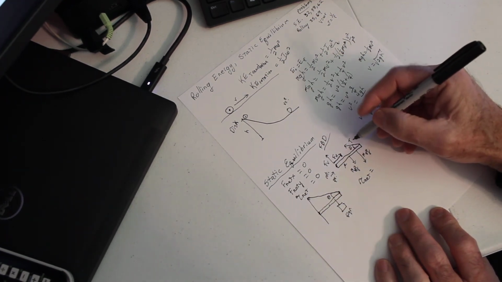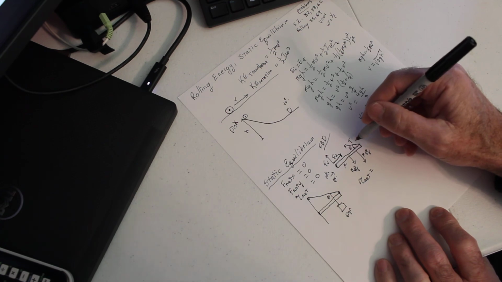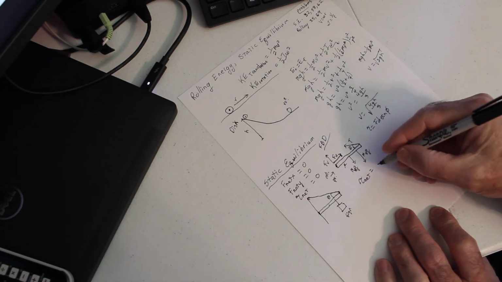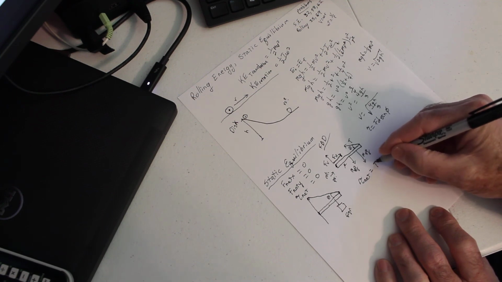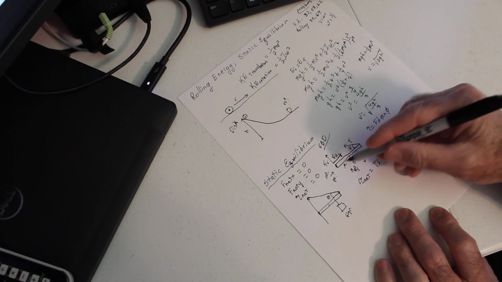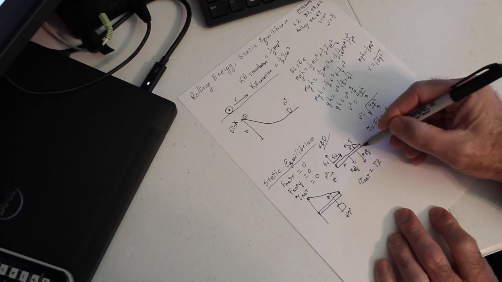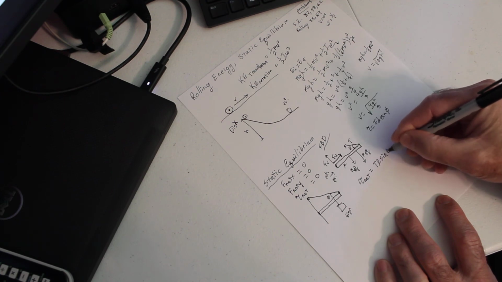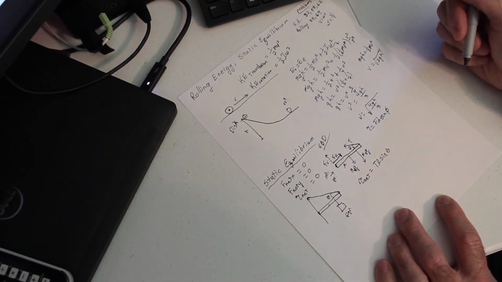Then I'm going to look at the torque, and I have to say if it's rotating here, the tension is making it go in a counterclockwise direction, so that's positive. So I have the force, which is tension, times the distance, this is F times d, distance is L from the rotation point, times the sine of the angle, in this case our angle is theta.